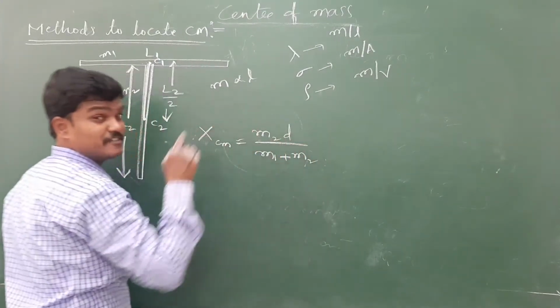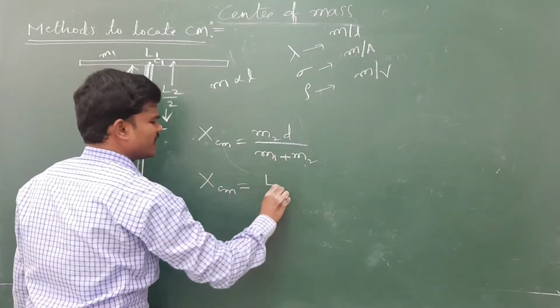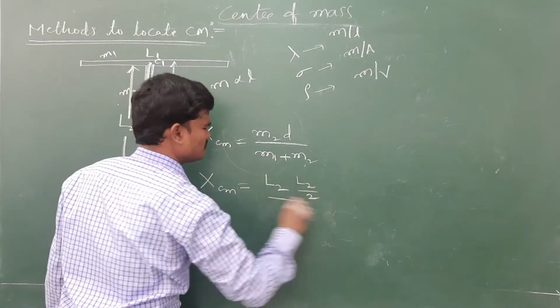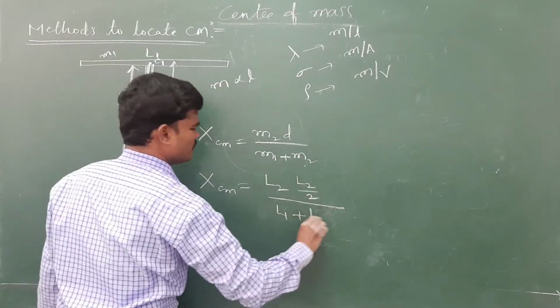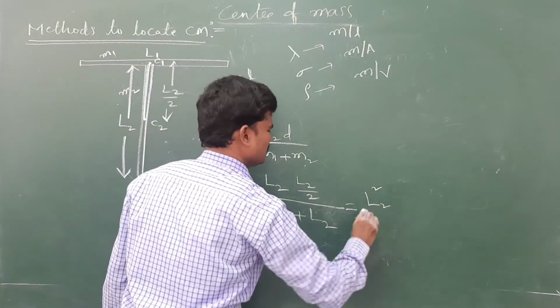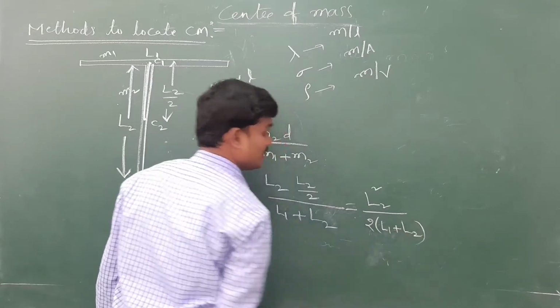D is the distance between the two initial centers. So M2 is L2, d is L2 by 2, over L1 plus L2. So it is L2 square by 2 into L1 plus L2.